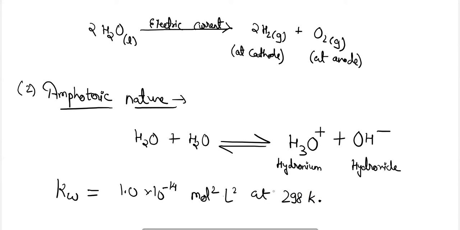Due to the formation of both hydronium ion and hydroxide ion, water can behave both as acid and base. So on reacting with HCl, water will form a hydronium ion.